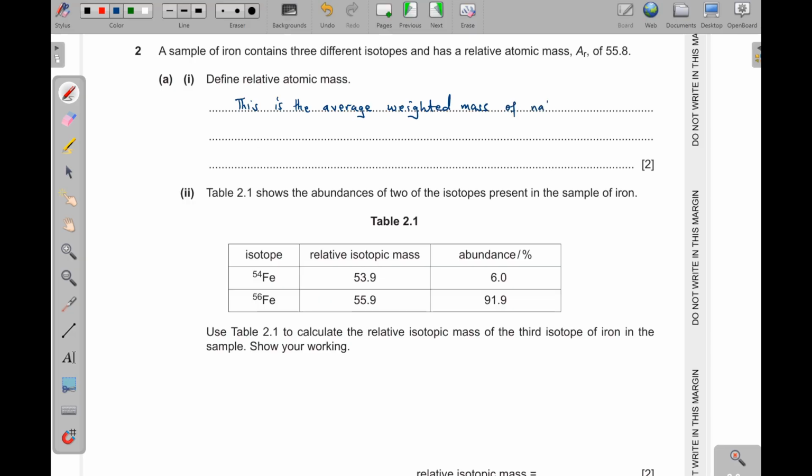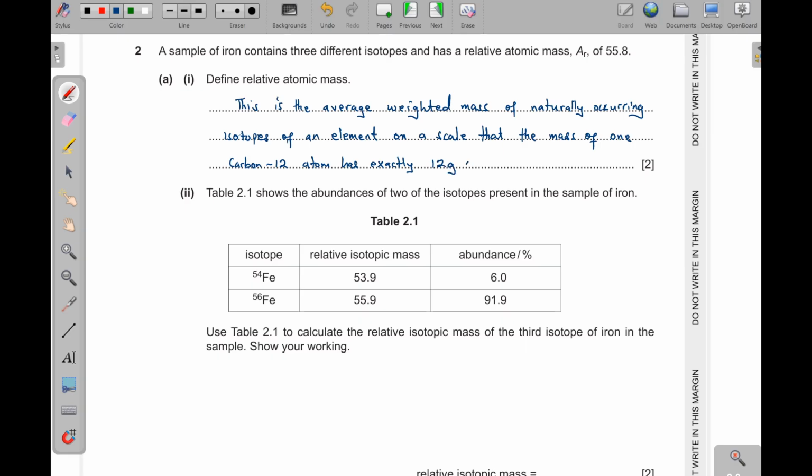of naturally occurring isotopes of an element on a scale that the mass of one carbon 12 atom has exactly 12 grams.